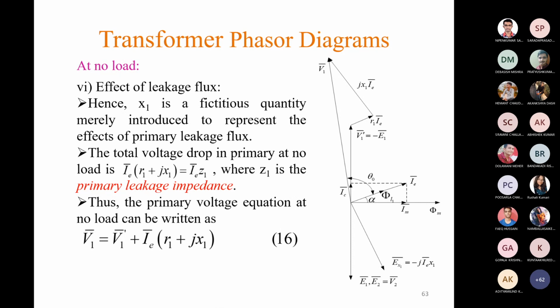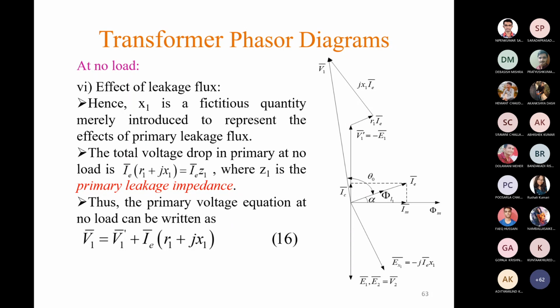That means, as I have already written, after subtracting this leakage impedance drop from V1, you get V1 dash, which can be considered as a voltage drop along the direction of flow of primary current, exactly equal but opposite in direction to the induced EMF across the primary winding. So V1 dash does not actually exist across the primary winding.